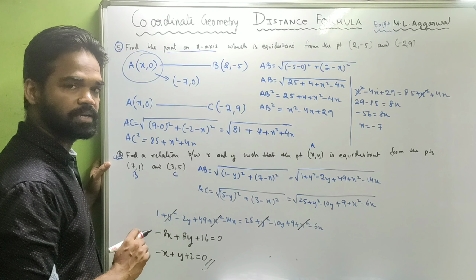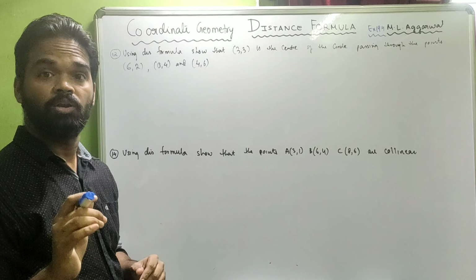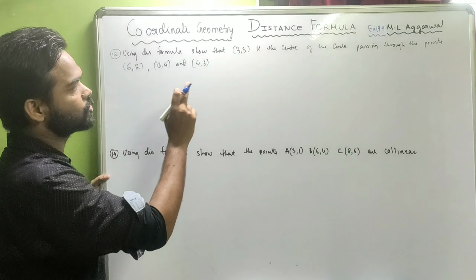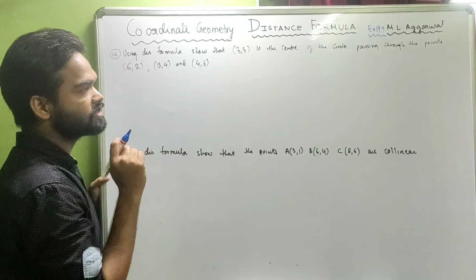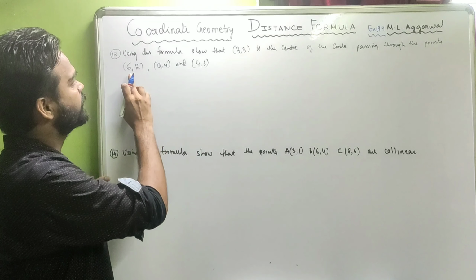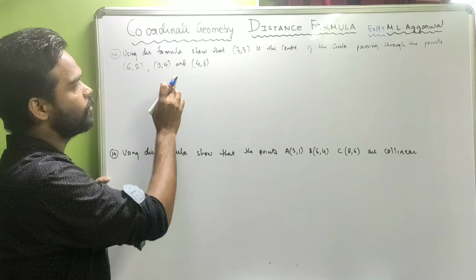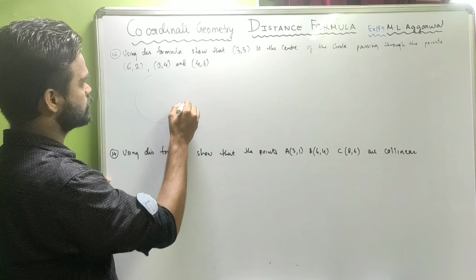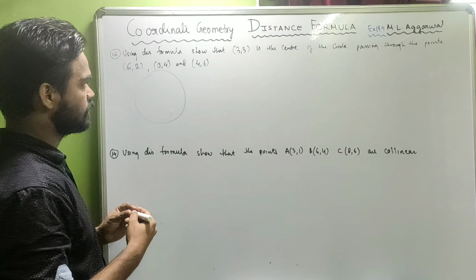Now let us look at the next sum. Now look at sum number 12. Using distance formula, show that (3, 3) is the center of the circle passing through the points (6, 2), (0, 4) and (4, 6). Suppose this is your circle.